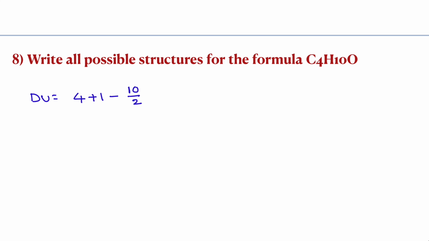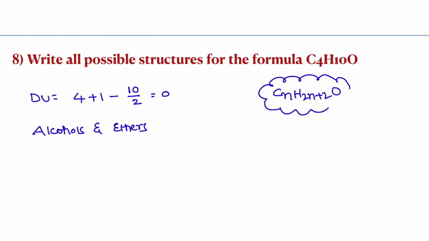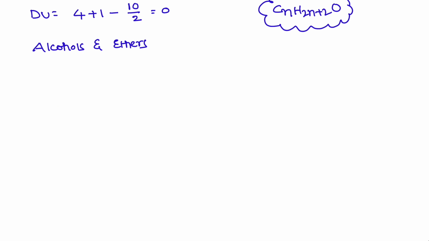Therefore, here the degree of unsaturation is coming to be 0. Degree of unsaturation is 0 and there is one oxygen. The possible functional groups are alcohols and ethers. CnH2n+2O: with this formula, two different functional groups are possible. One is alcohol, another one is ether.